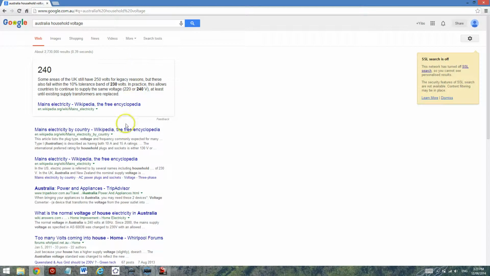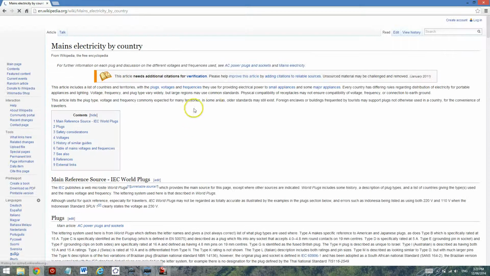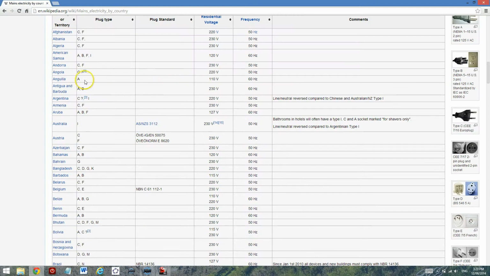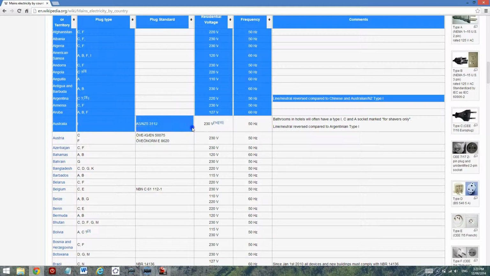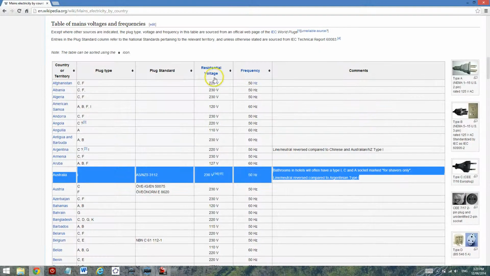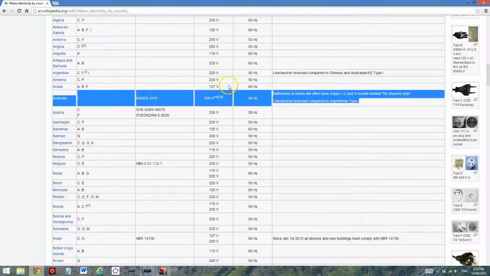From Google, let's go to Wikipedia. Wikipedia tells me that in Australia, and by the way, these are RMS voltages, the voltage from our power socket is 230 volts AC with 50 hertz of frequency.